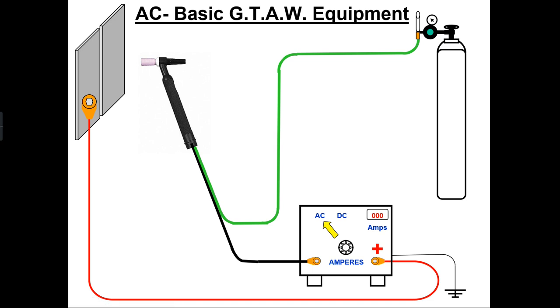The electricity balances between positive and negative and positive and negative and positive and negative. And these balances are specific. When the torch is in negative mode, we're getting penetration. When the torch is in positive mode, we're getting cleaning. More to come on that later on.